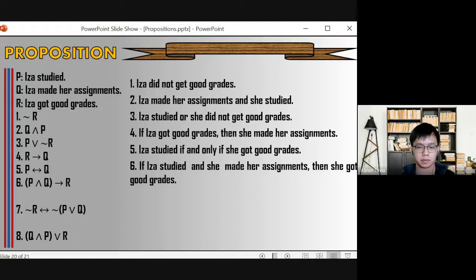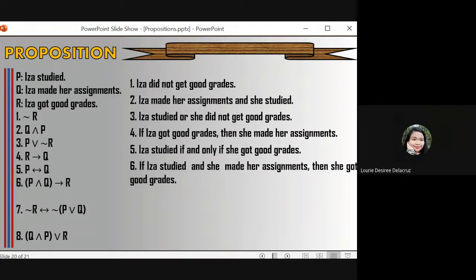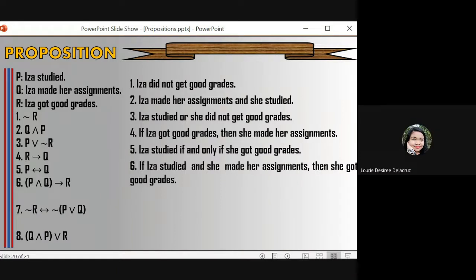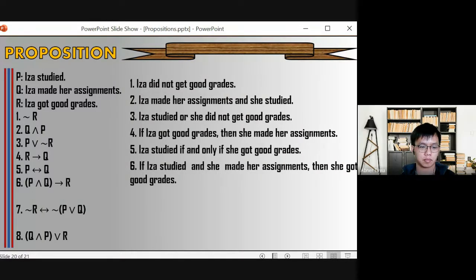Isa did not have good grades if and only if she did not study and made her assignment. Okay, so it's quite close. Let's just fix it. So very good, Miss Lori.